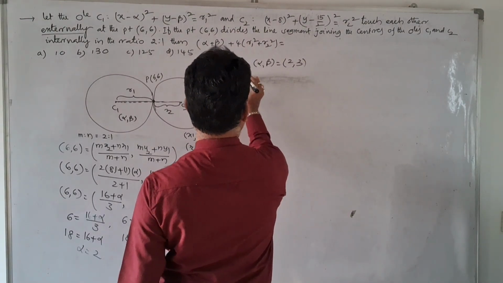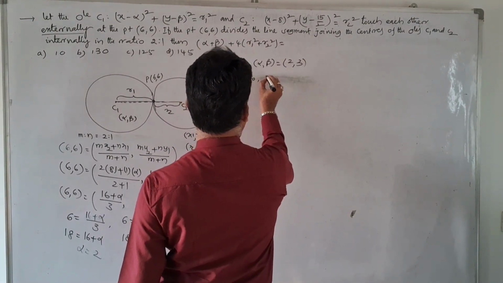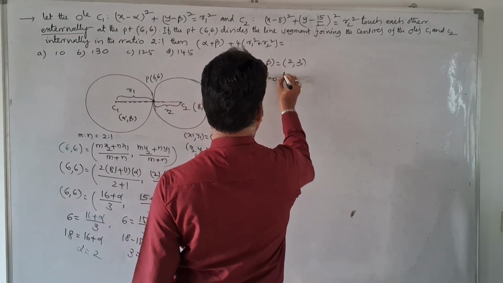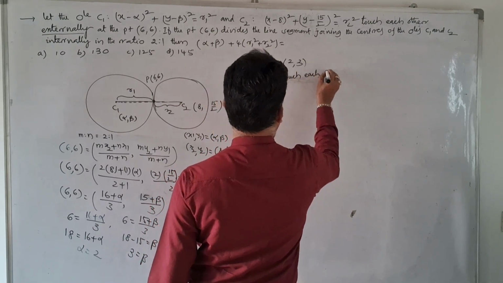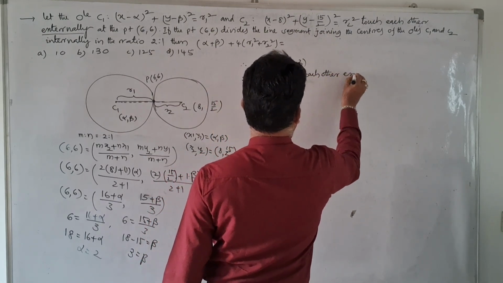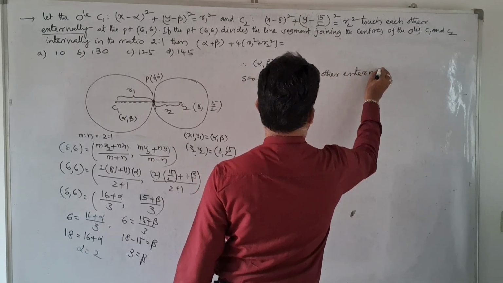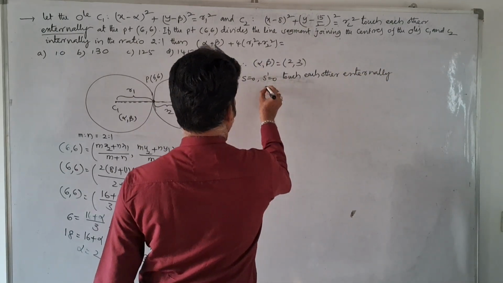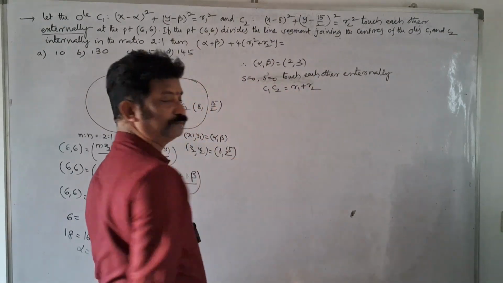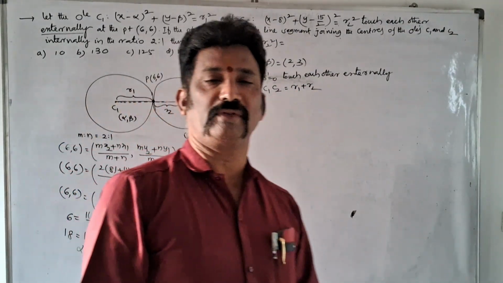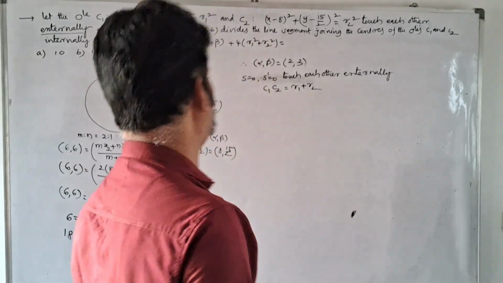S is equal to 0 and S dash is equal to 0, touching each other externally. Externally means C1C2 is equal to R1 plus R2. Distance between the centers is equal to the sum of the radii.